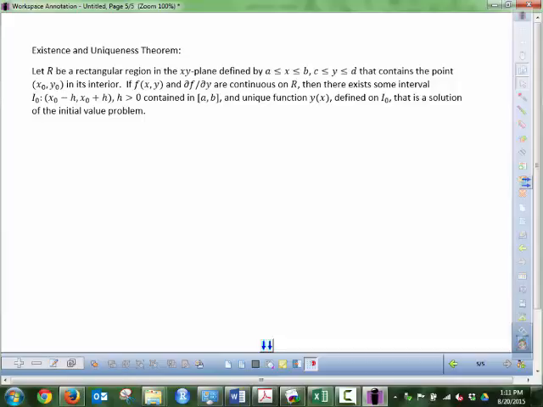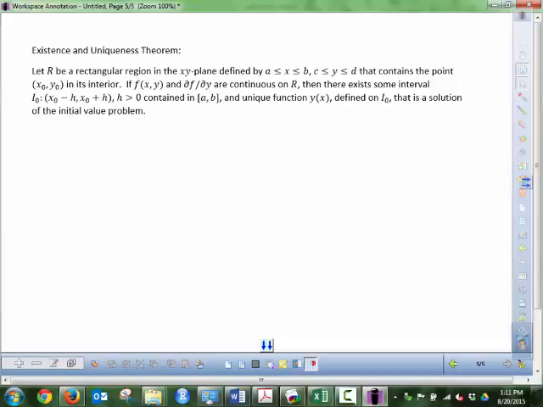So the existence part means you're guaranteed a solution, and the uniqueness part means that's the only solution that works within that domain. So let's read through it.